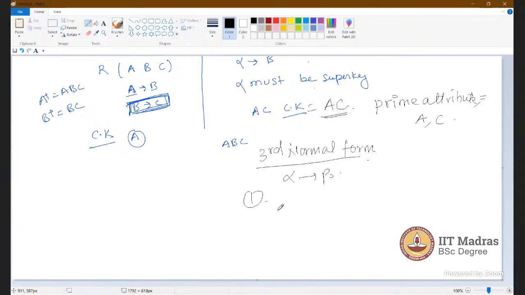The first condition is that it needs to be a trivial functional dependency. The second is that alpha is a super key. And the third condition is that beta is a prime attribute, for the third normal form.